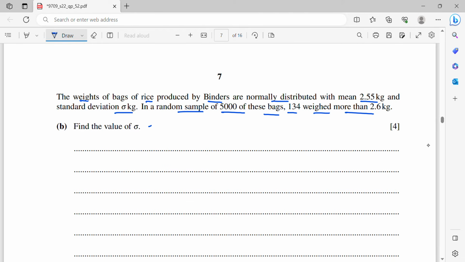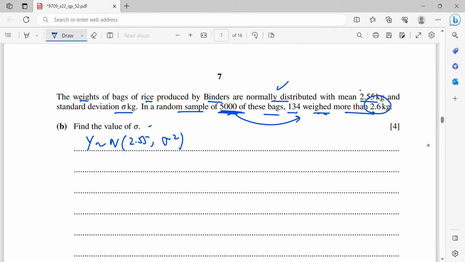Okay, so from here, I will let this be Y, which is normally distributed because it's mentioned in the question, and the mean is 2.55. Then the standard deviation is sigma, so I will write sigma squared. Even though you are not given the probability that Y is greater than 2.6 kg, you are given the total bags is 5,000, and out of 5,000 bags, 134 bags have that weight, right?